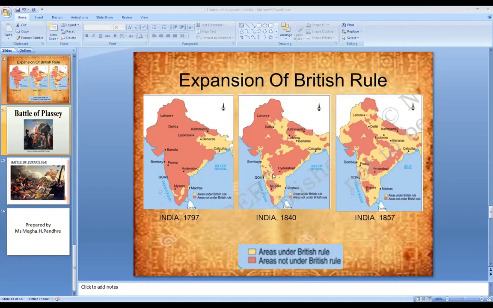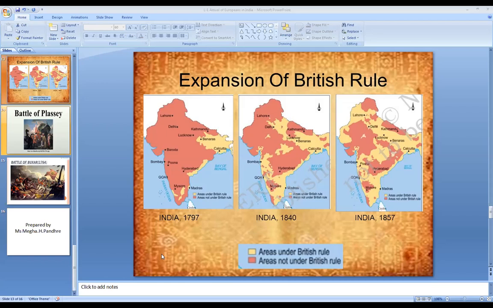The expansion of British rule in India between 1797 and 1857. In this part, we look at the time period when the British realized that instead of remaining in a limited area, they should start interfering in the politics of India and expanding.